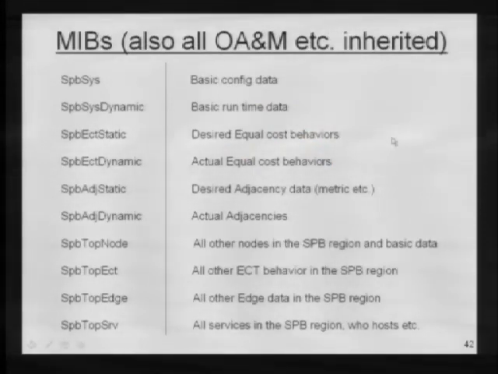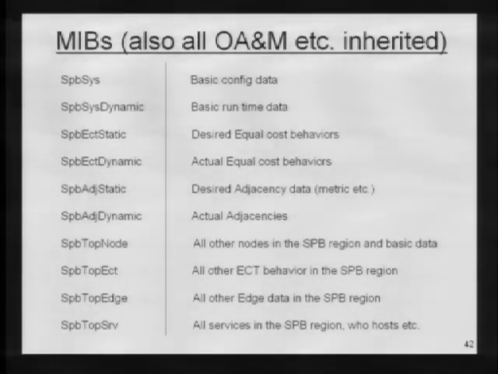In terms of the management, you can manage 802.1aq with existing IS-IS MIBs plus some additional information which is going to be added to those MIBs. But we've also created a standalone MIB. The standalone MIB allows you to treat SPB as a standalone network.